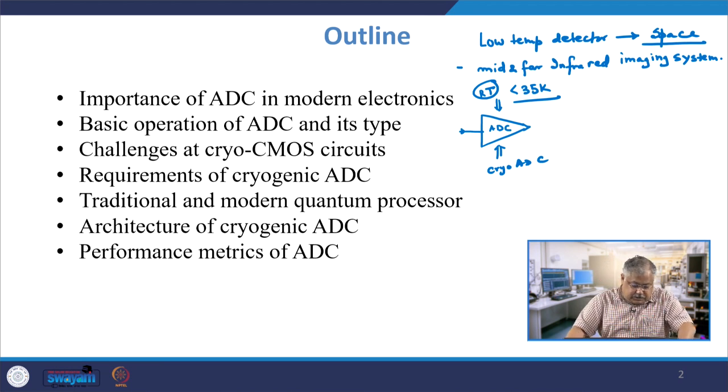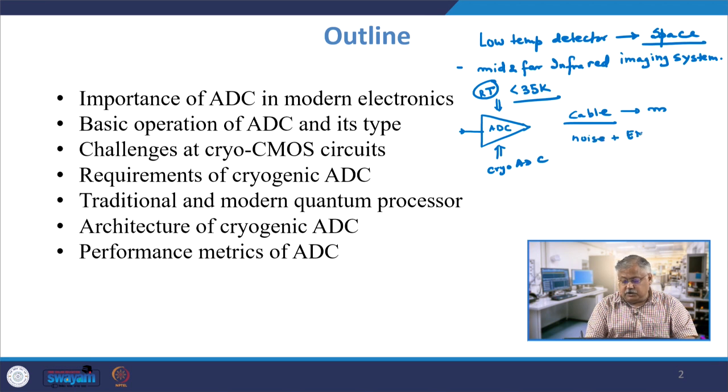Now, generally the shielded cable, the cables which run interconnects and cables which give you the readout signals, they might run into several meters, right. When they run into meters, they suffer from noise and electromagnetic interference, because of such a large length of the interconnect lines and the cables which are drawn from there.